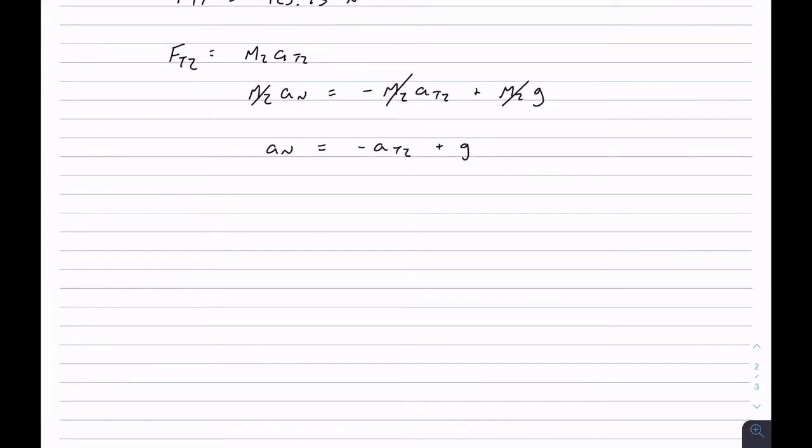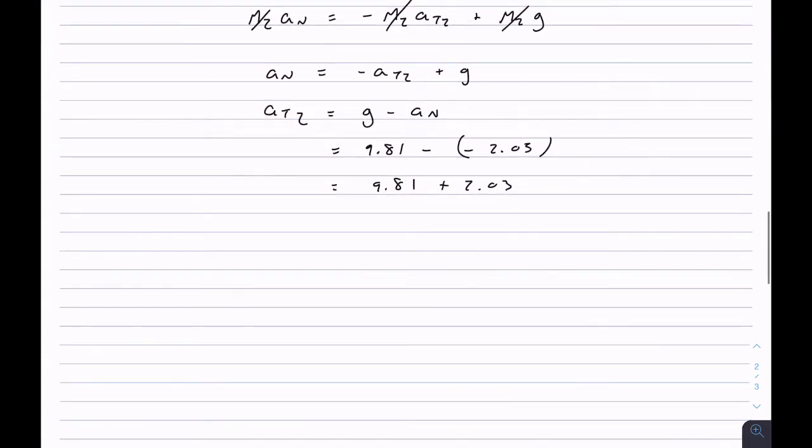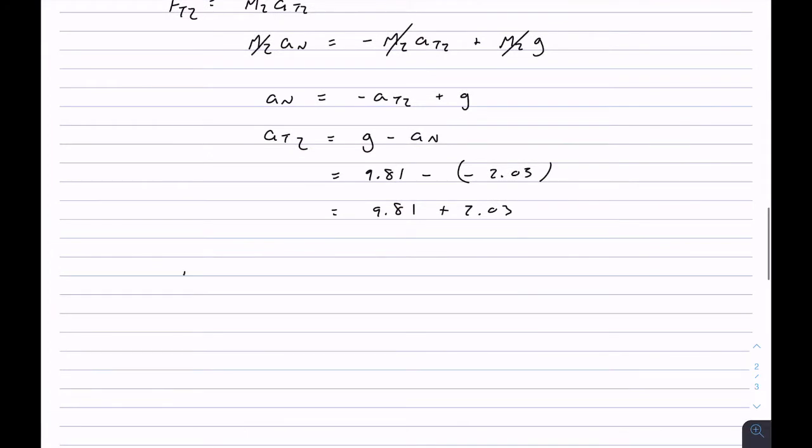So we just take this over here and this over here. That gives us aT2 equals g minus a net, which is going to be 9.81 minus negative 2.03 equals 9.81 plus 2.03. So that means that Ft2 is going to equal m2 times (9.81 plus 2.03) meters per second squared.